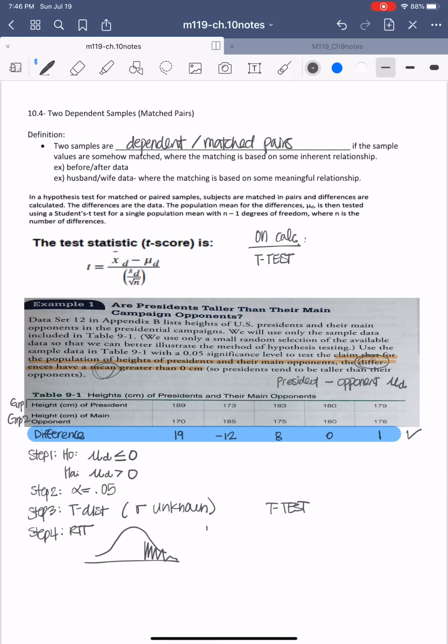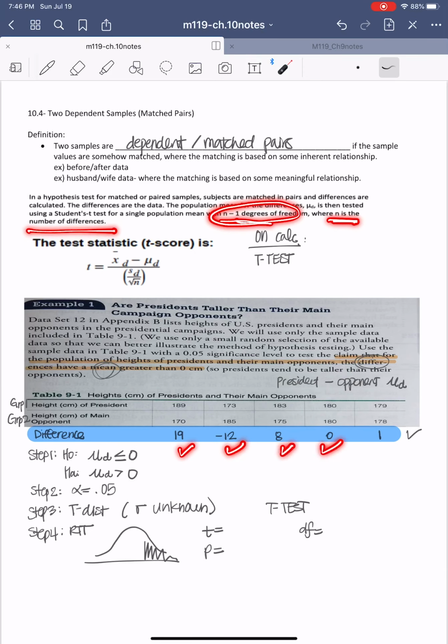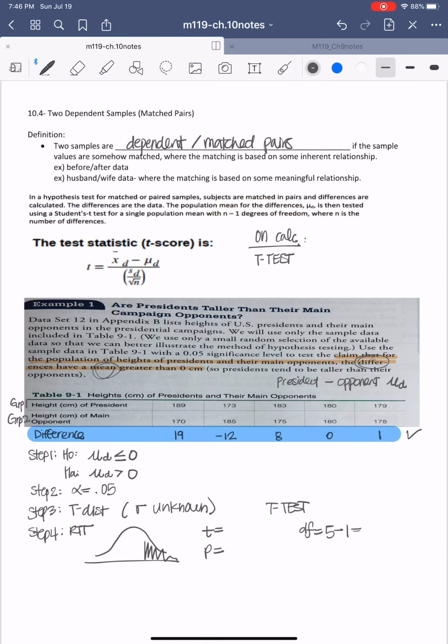Let's calculate the t value and then p value. And then the degree of freedom is n-1, where n is the number of difference. 1, 2, 3, 4, 5. There are 5 data of difference value. So 5 take away 1, which is 4.